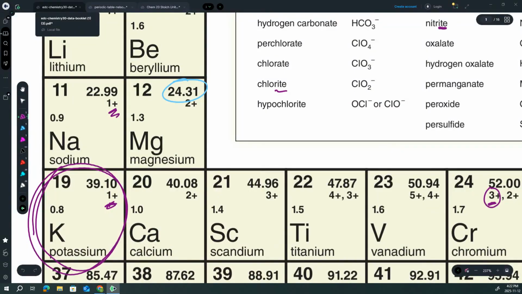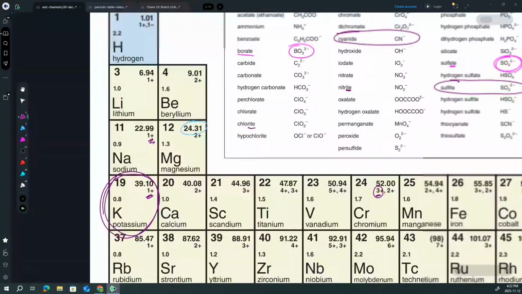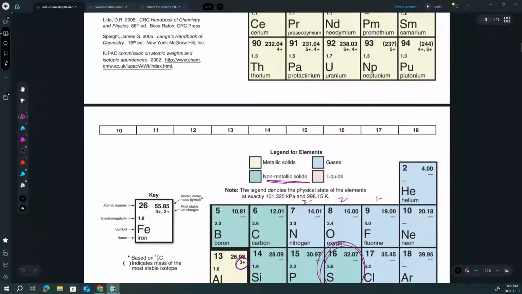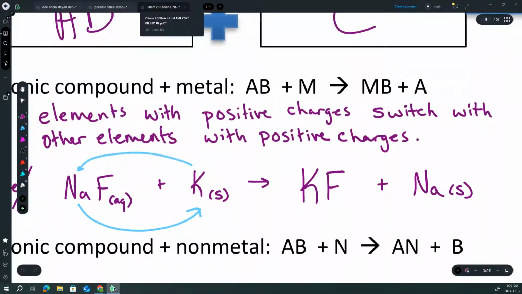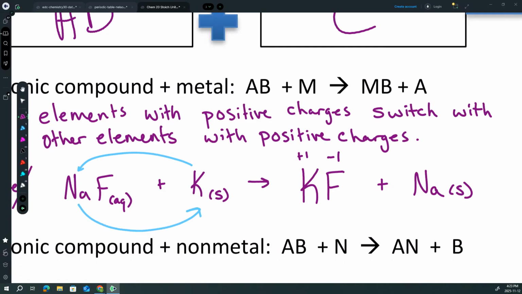Now sodium, when it's by itself, is a solid. I know that because sodium is colored yellow, and according to the key on our periodic table, metallic solids are yellow. Now for our compound, potassium fluoride, potassium likes to have a +1 charge, fluoride still likes to have a -1 charge, so that equals 0, so this compound's already balanced.